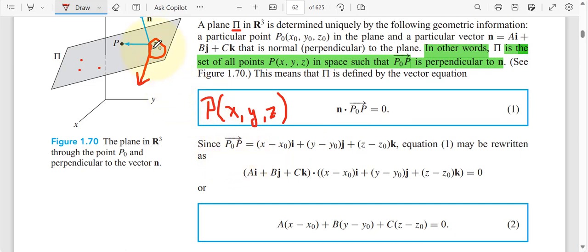So that's this vector. So this equation is that dot n.